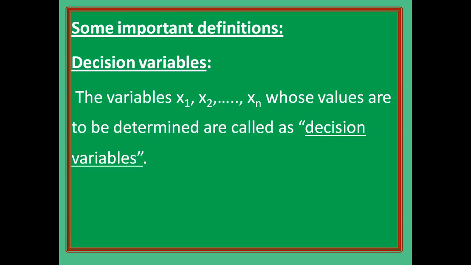In our solved problems, if we have to recall how decision variables were defined, one particular problem was given wherein a manufacturer is manufacturing two types of pens, type A and type B. It was rupees 8 profit on each type A pen, and rupees 5 on each product of type B pen.